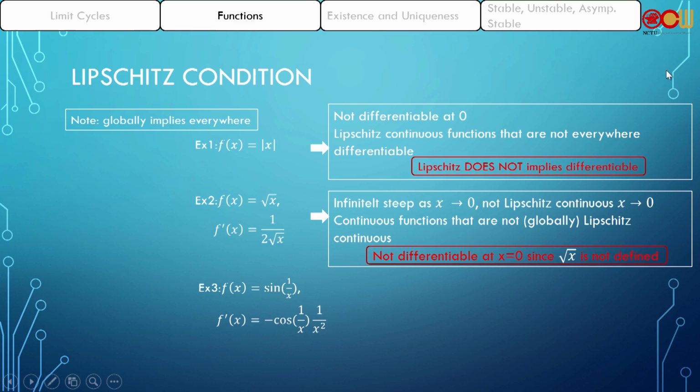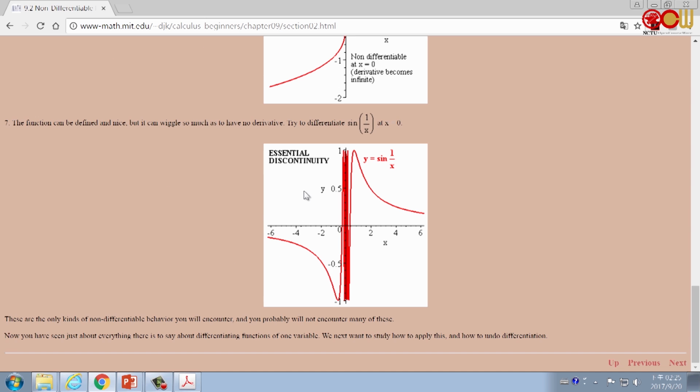Online, I'll give you some examples. Sine of 1 over x. You can see that as x goes to 0, it oscillates between -1 and 1. Okay, the frequency becomes higher and higher.